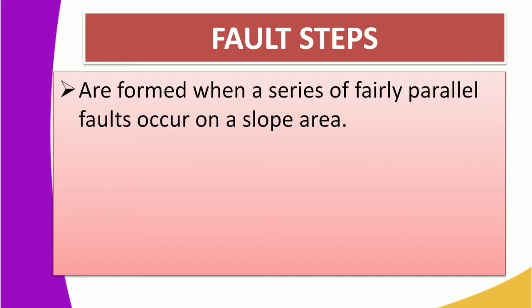From the word step, where we walk with one leg moving at a distance from the other leg, fault steps borrow from the way the movements of our legs work with each other. For fault steps, in the images we can move from one fault block to another in a step-like form.